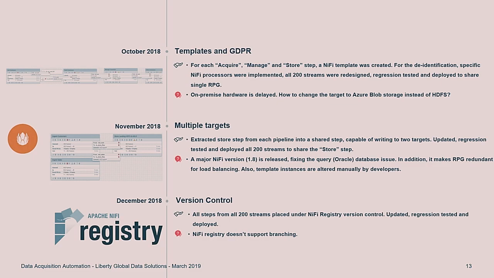To move to production, we had to enable using NiFi registry as a version control system for the NiFi flows. And after we went in production, the security department came in and said nobody can access production. So how are we going to deploy, how are we going to monitor what's happening?